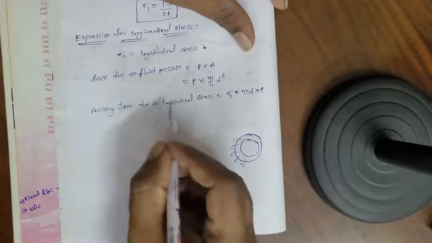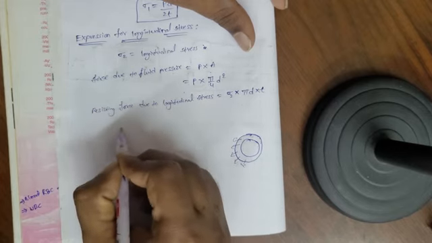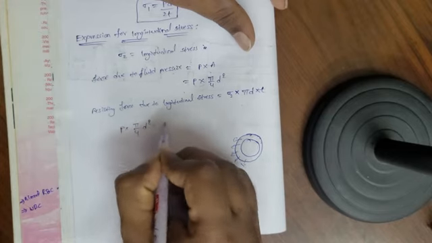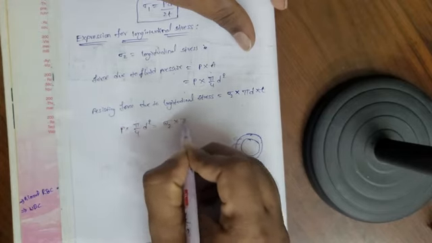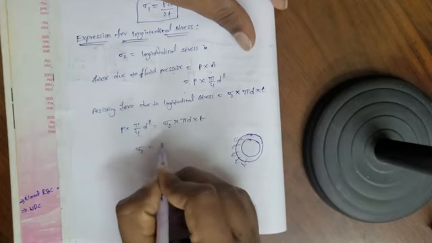In equilibrium conditions these two forces are equal. So by equating these two forces we get P into pi by 4 d square is equal to sigma 2 into pi d into T. We want sigma 2.